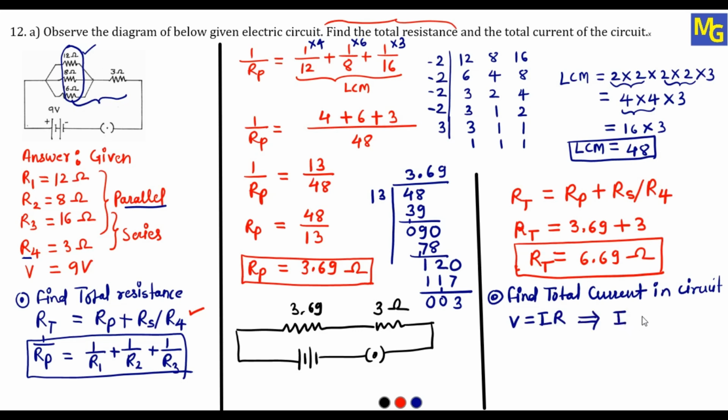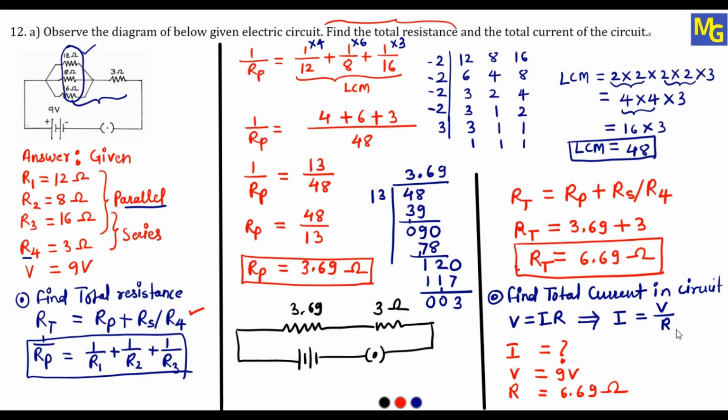I is equals to V divided by R. Now substitute the values. We have the values of V as well as R. So first we will write down the values. I question mark, V 9 volt, and R, just now we have calculated total resistance, 6.69 ohm.